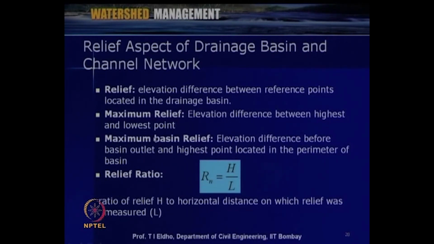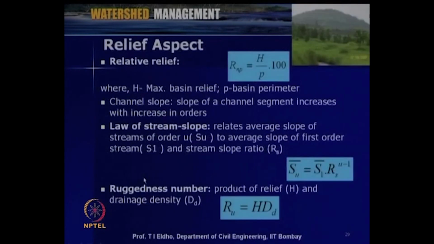And we can also define a relief ratio, that is H by L, where H is the relief and L is the horizontal distance on which relief was measured. So, this is the ratio of relief H to the horizontal distance L.